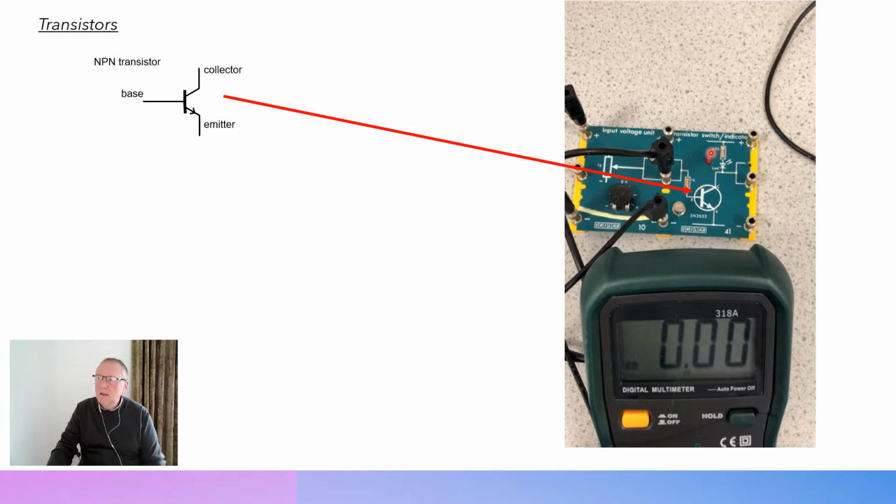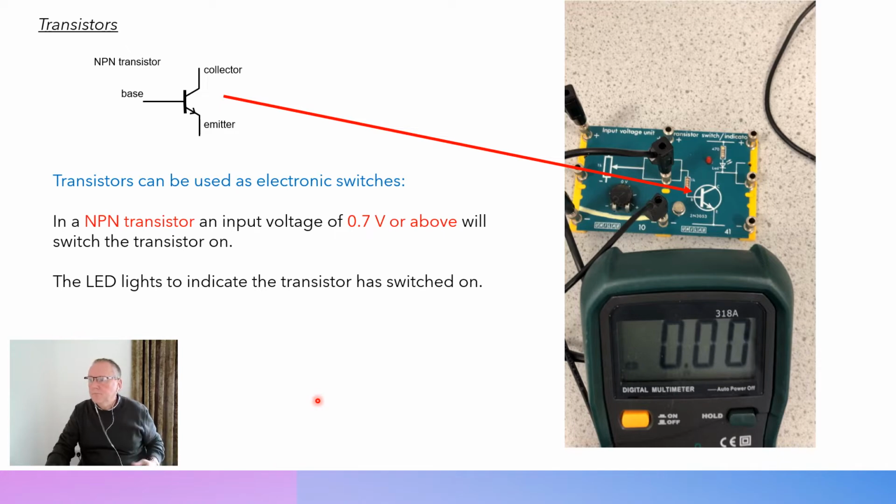This LED is like a switch on indicator. It's showing that the transistor is conducting, because just now it's off. We've got 0 volts going into the input of the transistor, so therefore the LED is off. And the purpose of this first video is to find roughly what voltage it takes to switch on this NPN transistor.